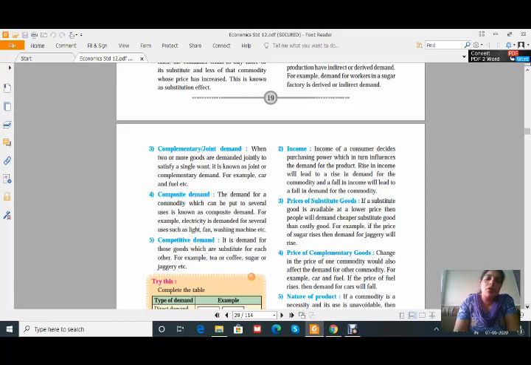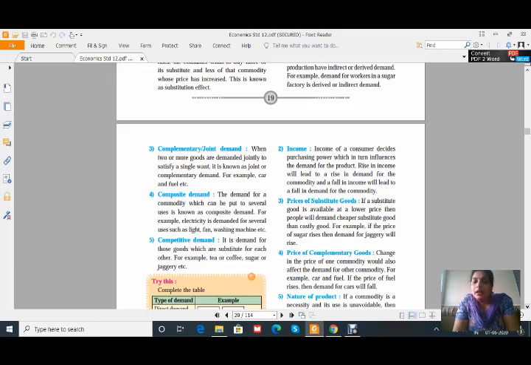Then the last one is competitive demand. It is the demand for those goods which are substitutes for each other. For example, tea or coffee, sugar or jaggery, etc. That means competitive demand is when there are goods which are close substitutes for each other. That means in the market, if the price of tea increases, the demand for coffee will increase. Why?